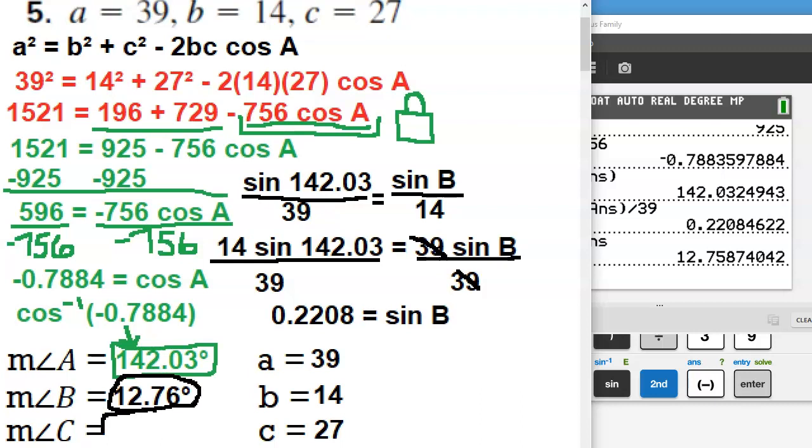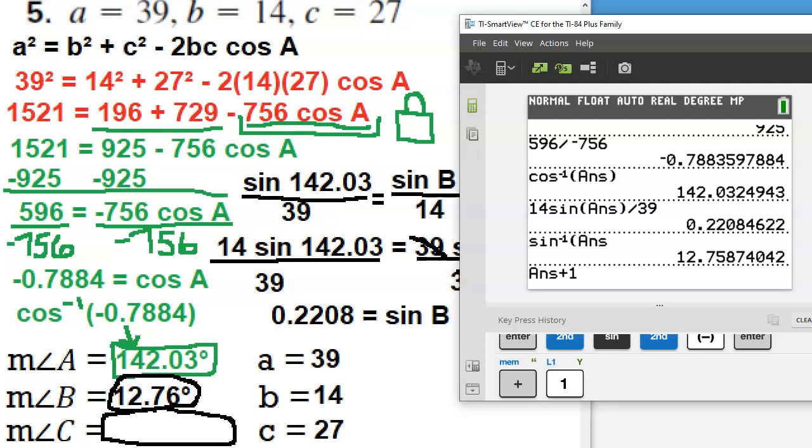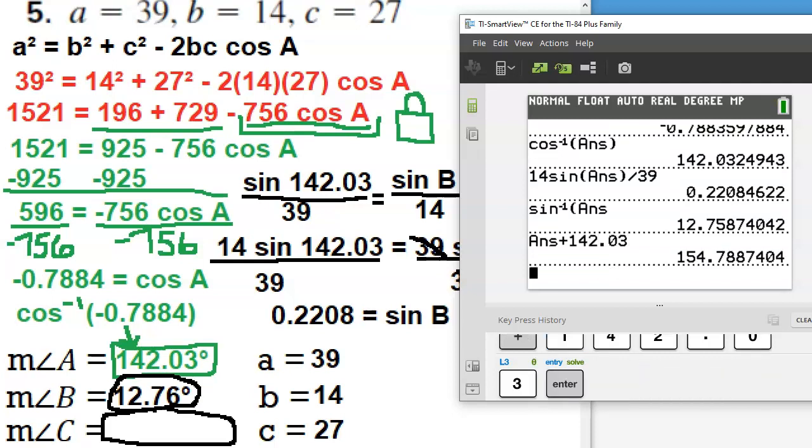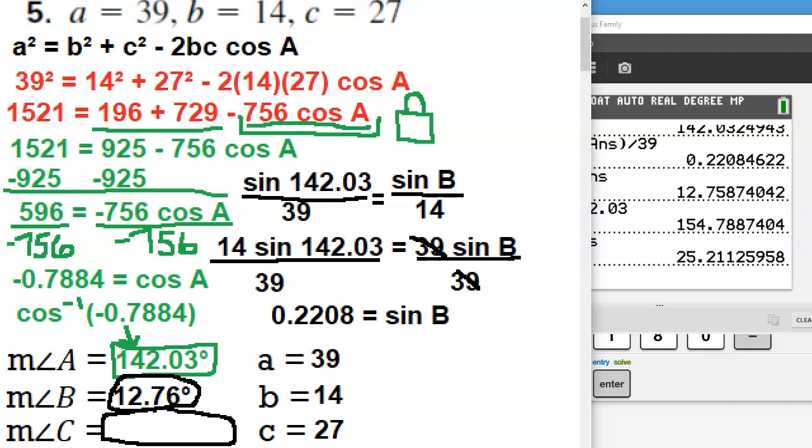It sort of took almost all of the 180 for itself. Okay, so we'll do that number plus 142.03, and then we'll take however many is left from 180, and that will be my third angle. 25.21 degrees.